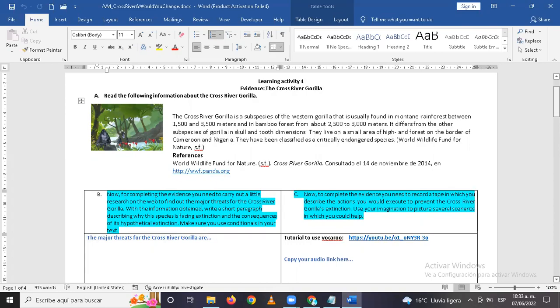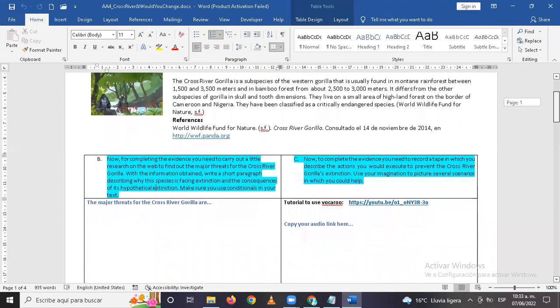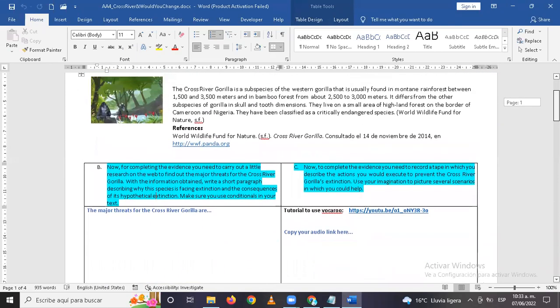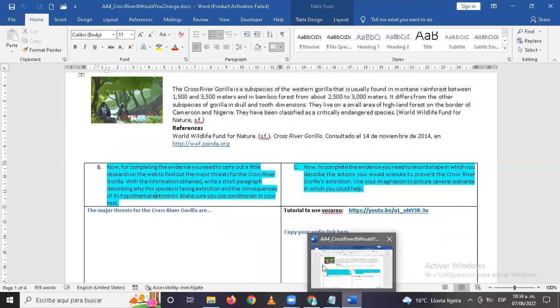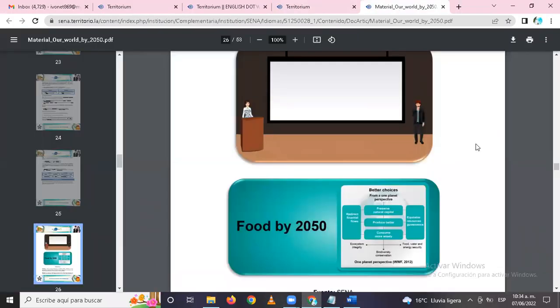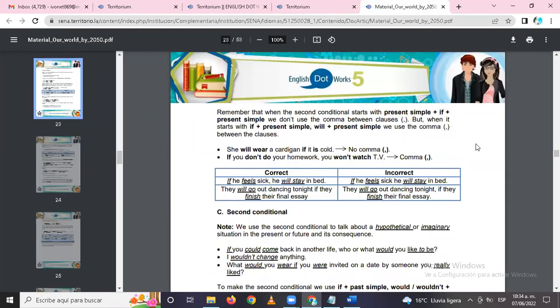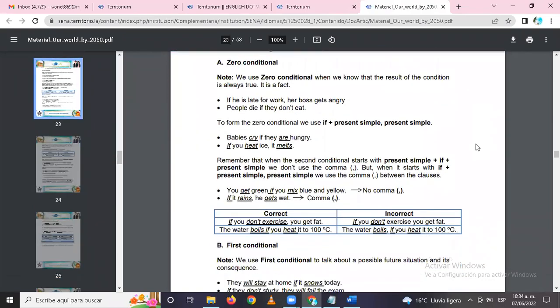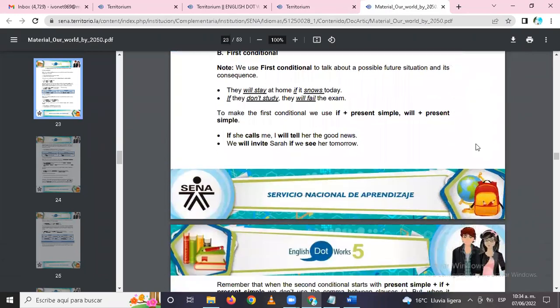Entonces, después de hacer esa pequeña búsqueda, yo voy a escribir lo que encuentro y señalar cuáles son las amenazas, pero no es copiar y pegar, sino reescribir la información de alguna forma como lo teníamos en el ejemplo del segundo condicional. ¿Sí?